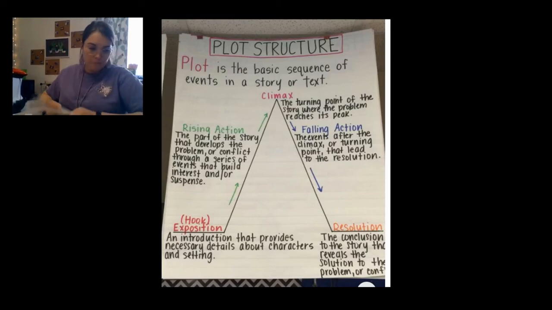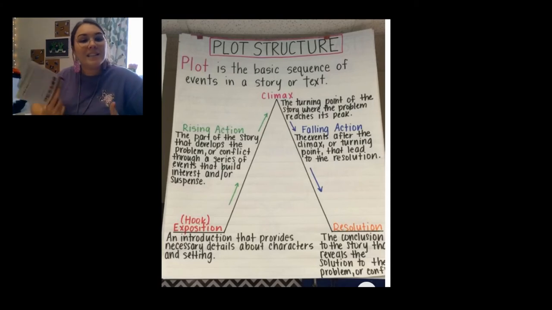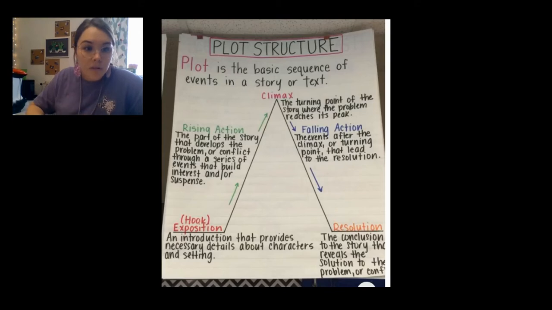All right, so before I start, I want to talk about plot. Now, I know that you have seen plot before because they teach it in 3rd grade and 2nd grade and 1st grade, but plot is like the sequence of events in a story. So almost every fiction book, chapter book is going to have a plot. It's what happens in the book.